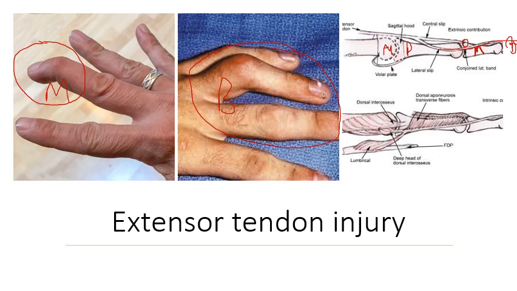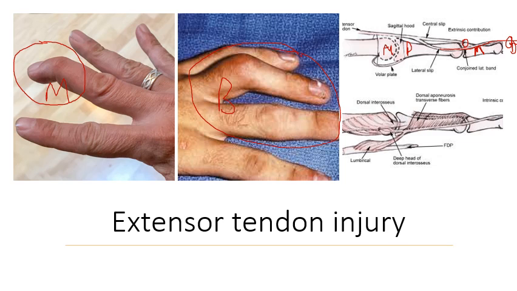So when there is an injury to your lateral slip, it causes mallet finger. But if there is an injury to your central slip, it causes Boutonniere deformity. So remember it this way: lateral slip injury is mallet, central slip injury is your Boutonniere.